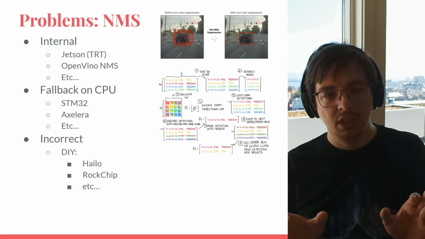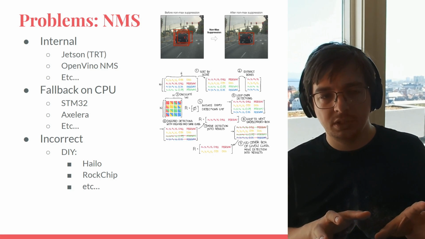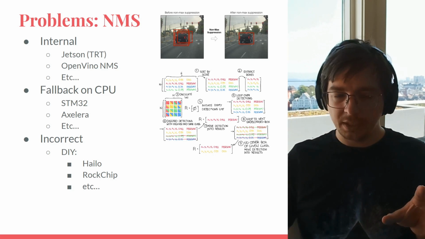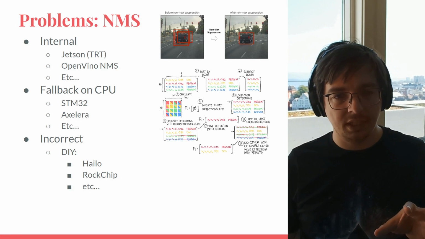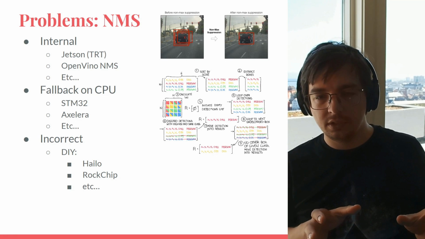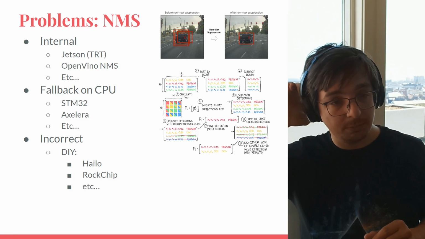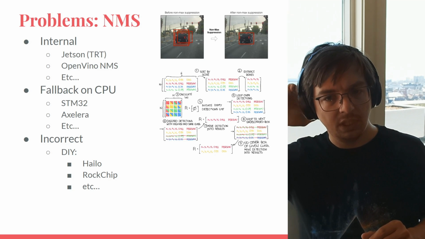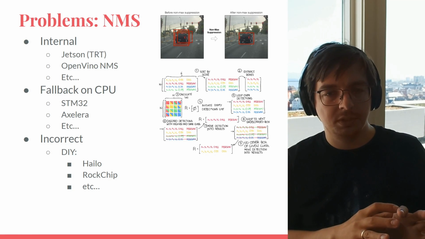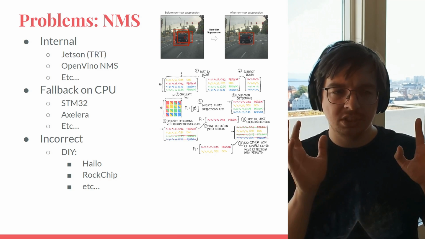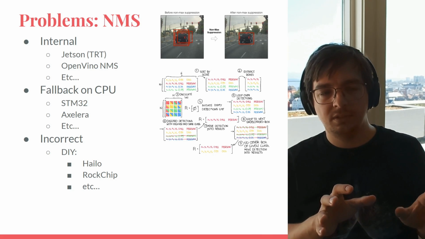There are a few vendors with CPU fallback for such a layer. I never tried them, but they include STM32, Axelera, and some others. I never tried this specific approach, but I think it's the same as with Jetson and OpenVINO.